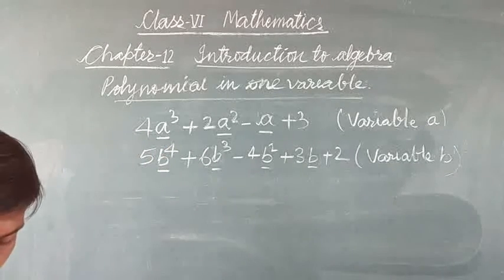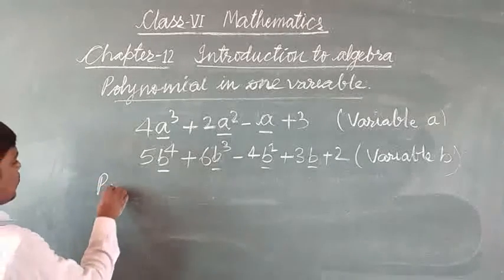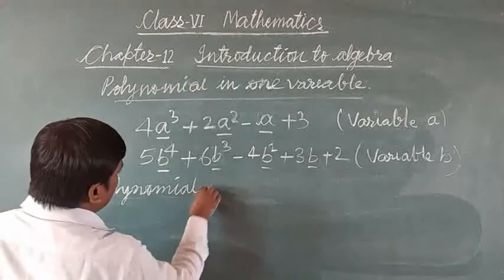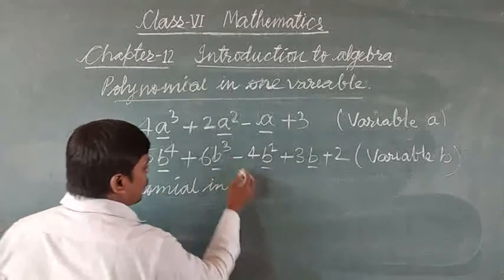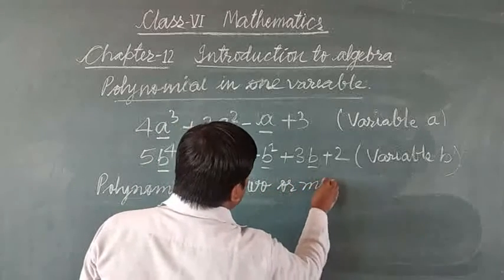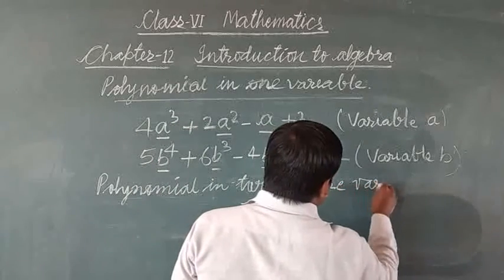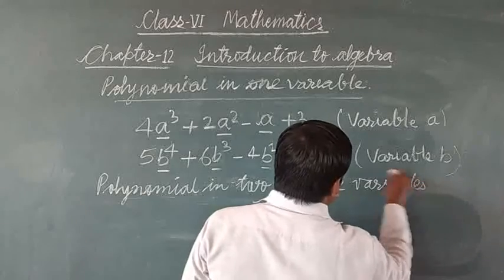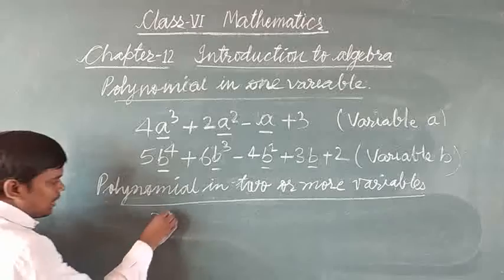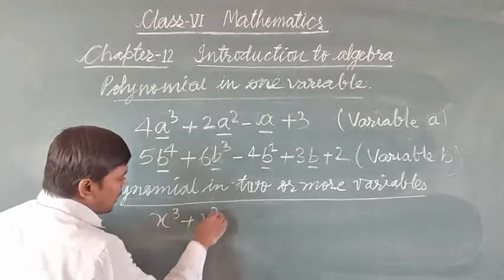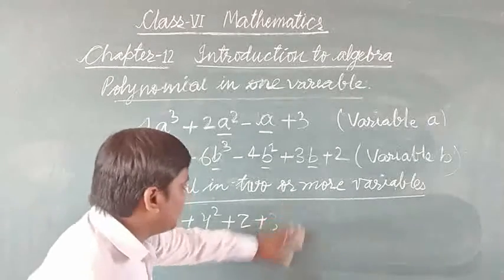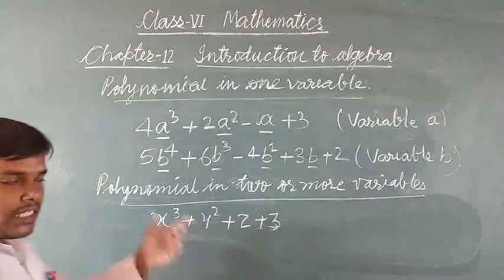Now polynomial in two or more variables. Look at the example here. We can write x cube plus y square plus z plus 3. It is an algebraic expression, and what do you find in this expression?